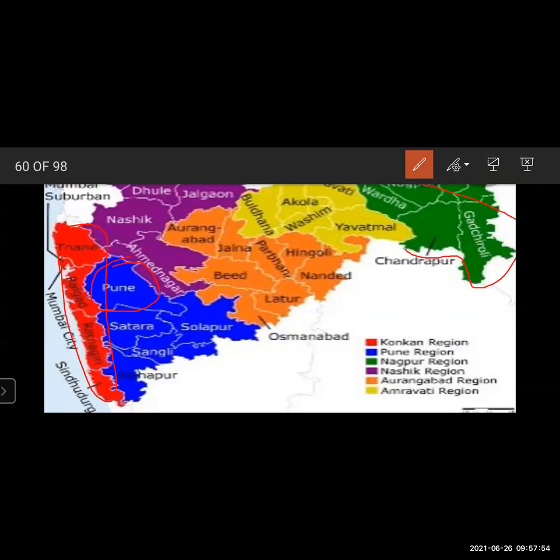Then the Nashik region, purple. Then the Aurangabad region is marked as orange. Then the Amravati region.